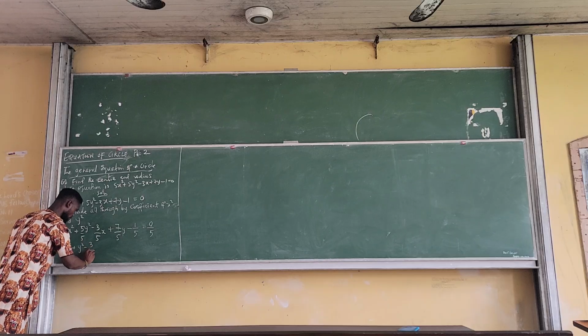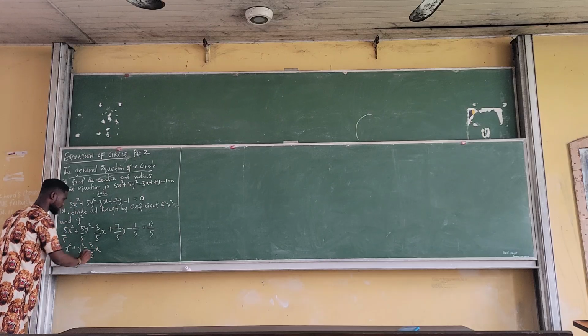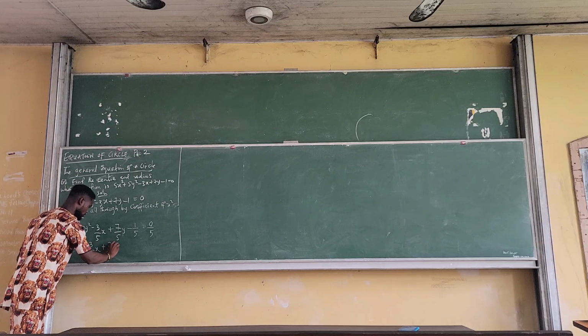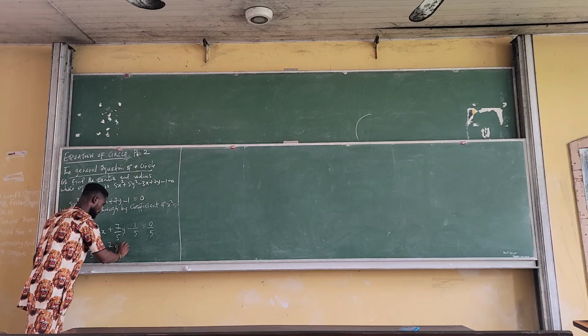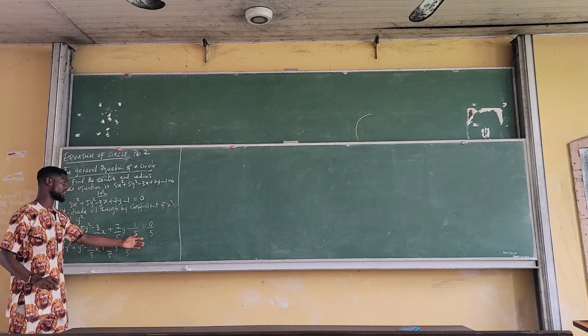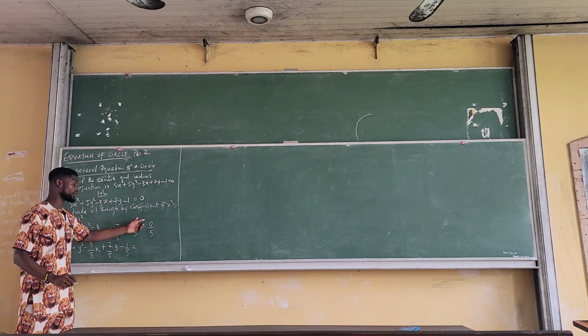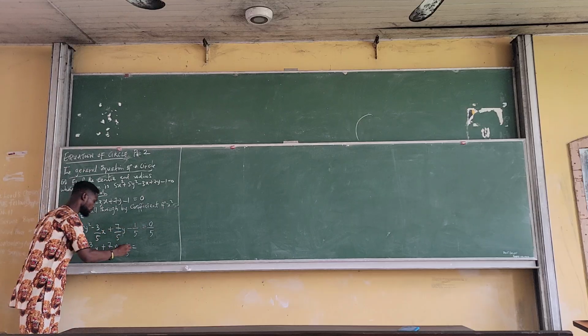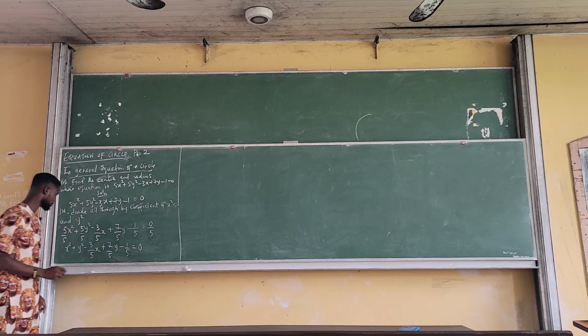Minus 3 over 5x plus 7 over 5y minus 1 over 5 is equals to 0, because 0 divided by any number is 0. Therefore, we have 0.